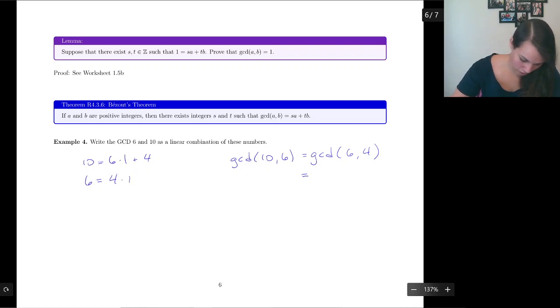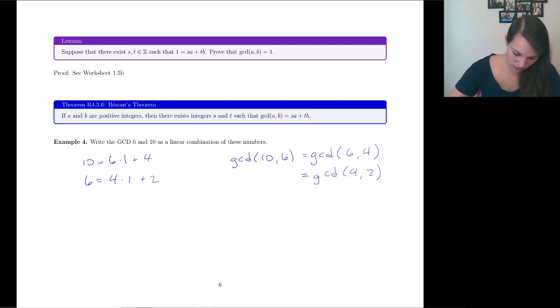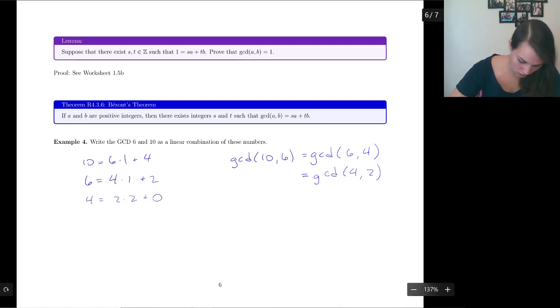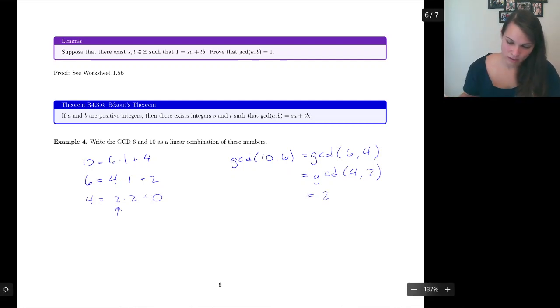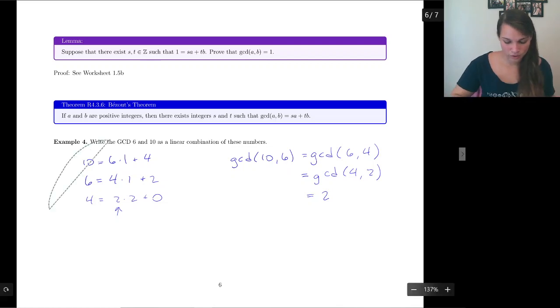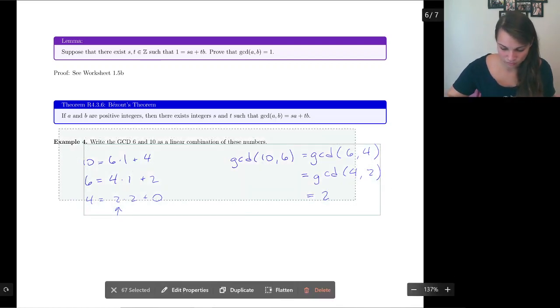So now if we move 6 and we move 4 and we find our new remainder, which is 2, we can say that the GCD of 4 and 2 is the next one we're working with. So then now it's going to be 4 equals 2 times 2 with no remainder, which means this last number here is our GCD. So it's 2, just like I suspected all along.